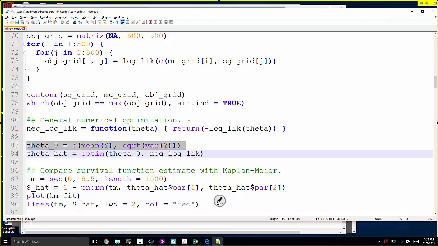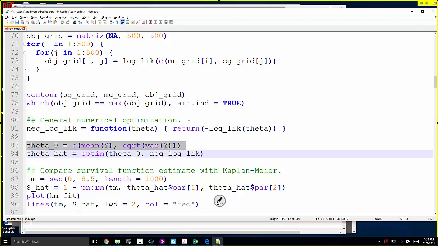Reasonable starting values with survival data. How would you estimate the mean survival time? Well, one way you could do it is just ignore the censoring and compute the average of just the event times. Same thing for the standard deviation. One thing we could do just as a rough guess is compute the standard deviation, ignoring the survival times.